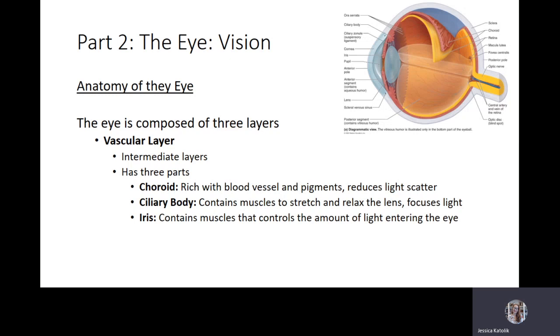The iris plays an important role in controlling the amount of light that enters the eye. We want to make sure that we have just the right amount of light entering the eye. It also aids in some optics. It helps limit which rays of light enter the eye, and it helps focus the eye on objects that are located nearby. We'll talk more about that again when we get into our section about the optics.